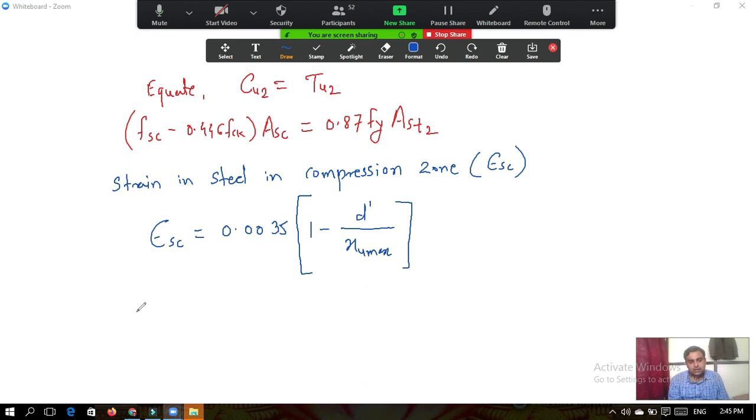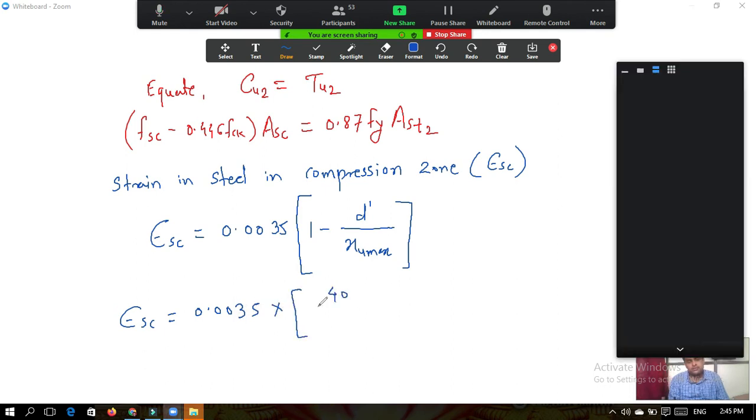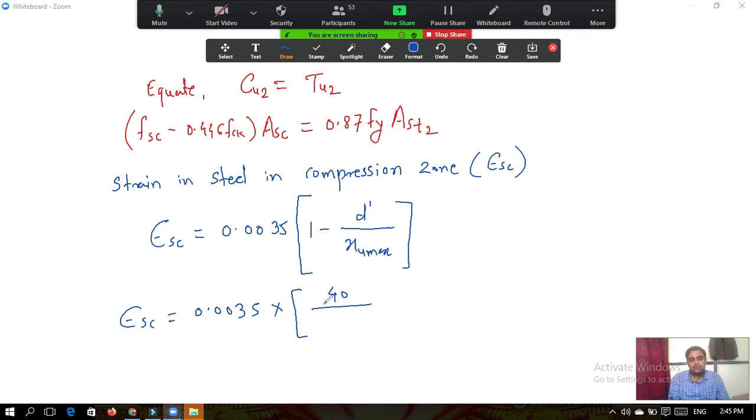So see here, epsilon SC is equal to 0.0035 into, what is the value of d dash? D dash is 40. What is the value of XU max? What we have calculated? It is 220.8.